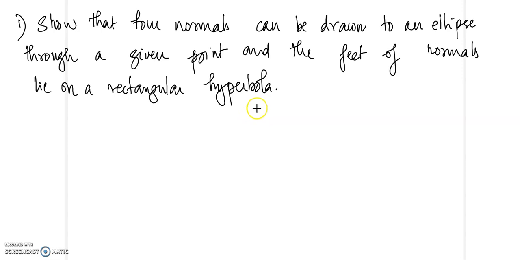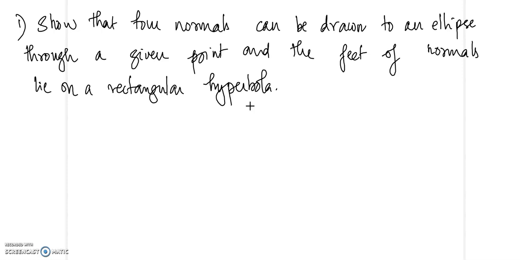So we need to show that four normals can be drawn to an ellipse through a given point. If you are given a point, then from that point you can draw four normals to the ellipse, and we need to show that the feet of the normals will lie on a hyperbola.